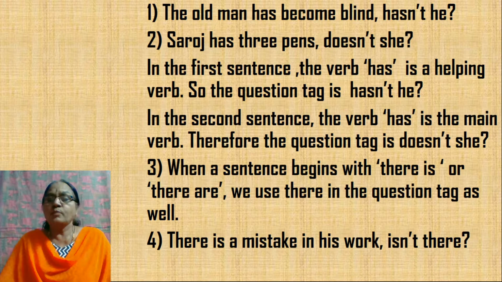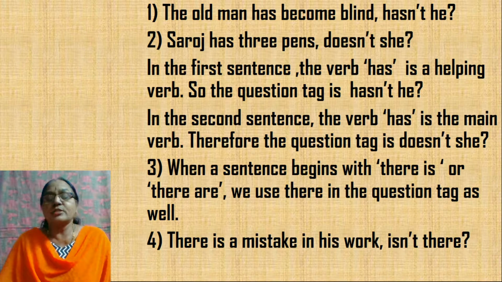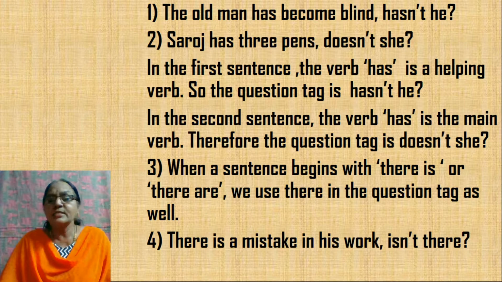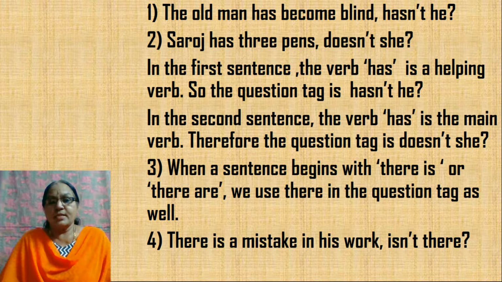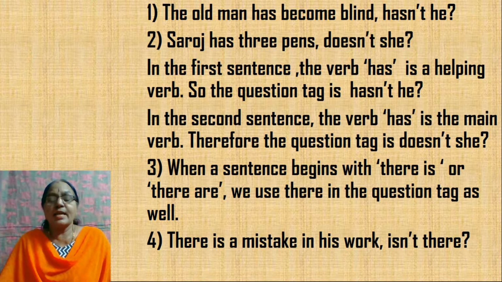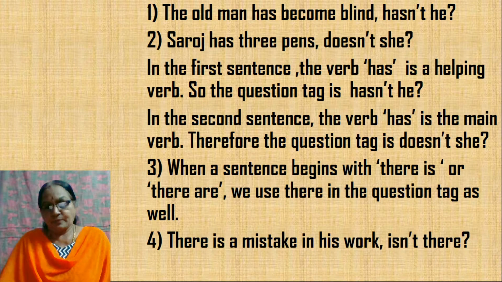So has, that is an auxiliary verb. So the question tag will be hasn't he. Now look at the second sentence. The verb has is the main verb. Saroj has 3 pens. So here has is the main verb. So the question tag will be doesn't she.